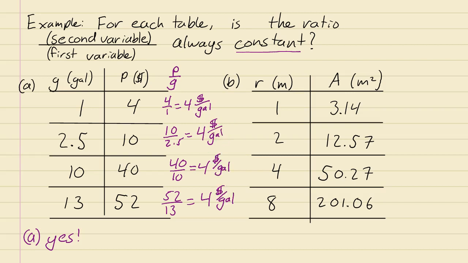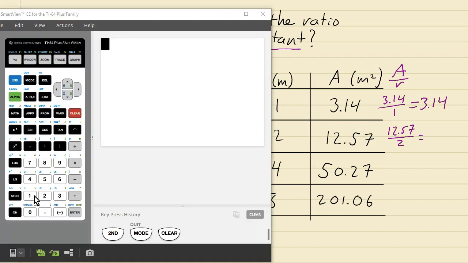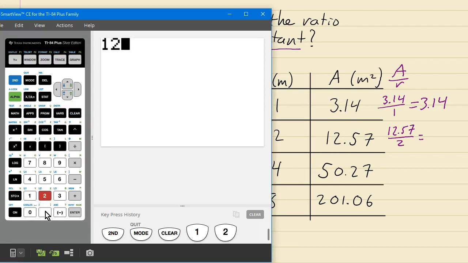Now, let's do the same thing with the second part here. We're going to calculate A divided by R. And for the first one, this is 3.14 divided by 1, which is just 3.14. If you do 12.57 divided by 2, I need a calculator for that one.